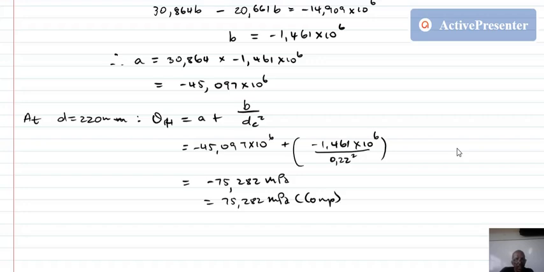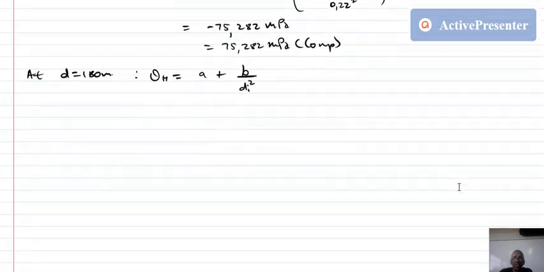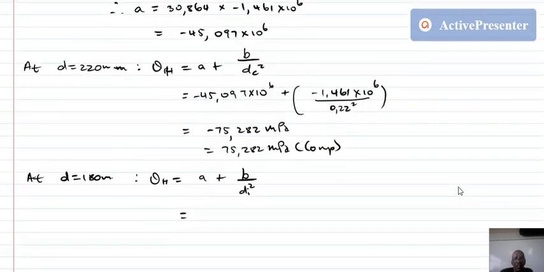Then at D, which is 180 millimeters, my hoop stress is the same as A plus B over D squared, of the inner cylinder. What is the value of A?